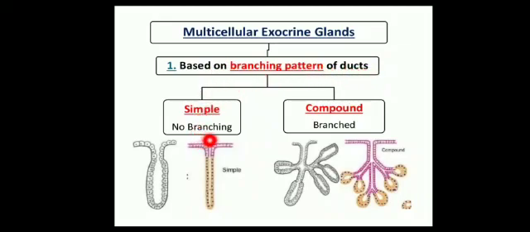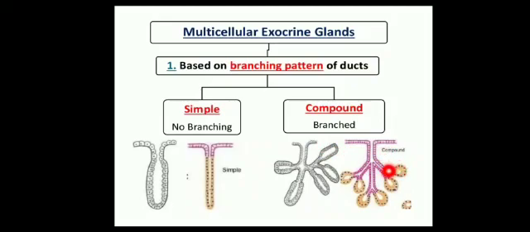If there is no branching, these glands are called simple glands, but if there is massive branching of the ducts, these are known as compound glands. For example, in this diagram you can appreciate that here there is no branch, so this is a simple gland, and here you can see there are multiple ducts.